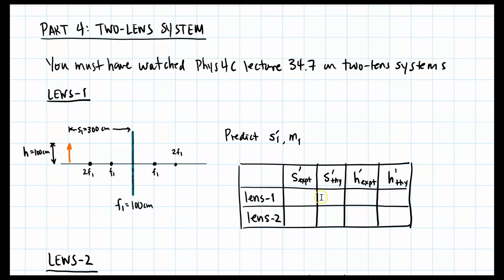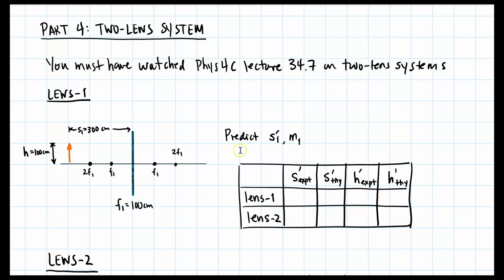Just look at them and just say, is it close or pretty far off? And then calculate the image height. The way I calculate the image height is from the previous example, where the image height is equal to the magnification of 1 times the object height. So the experimental one is the one you get off the simulator. This is the one where you actually do the calculation.